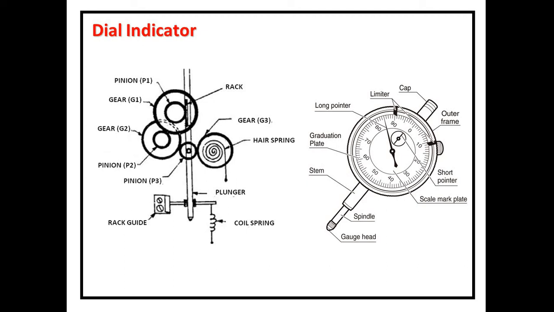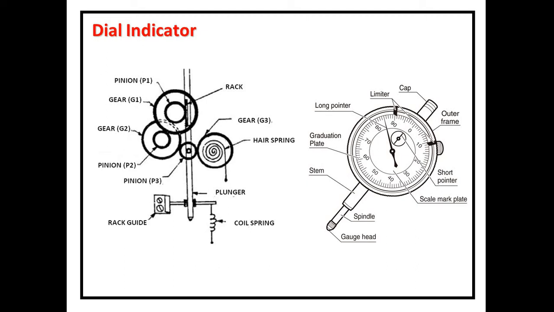Now how this magnification takes place, you can see here. The same inside view is shown here. You keep the component here, and this plunger has an external thread, and these external threads work like a rack, and there is a pinion.